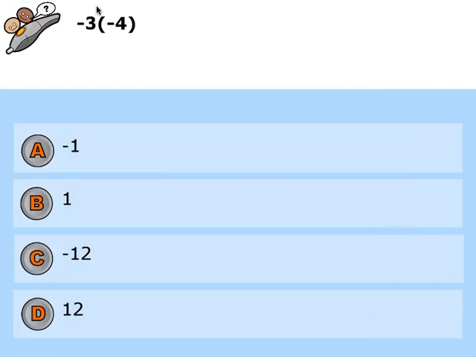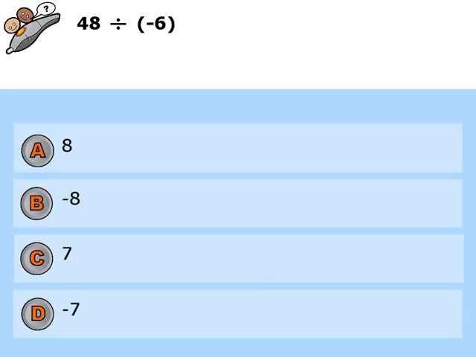Now what we've got to do is get straight on those signs. If the signs are the same, your answer will be positive. These two negatives will make a positive when you multiply them. So the answer here should have been positive 12. Now when you multiply and the signs are opposite, your answer is always negative. Same thing with division too.